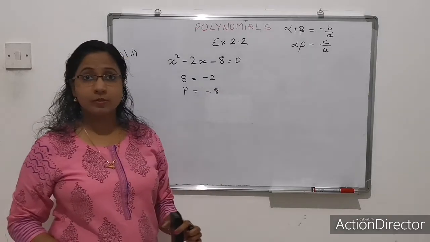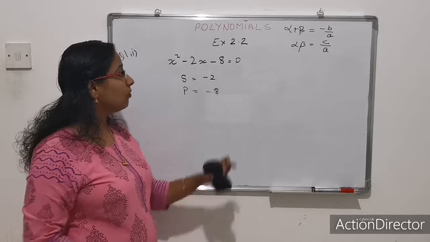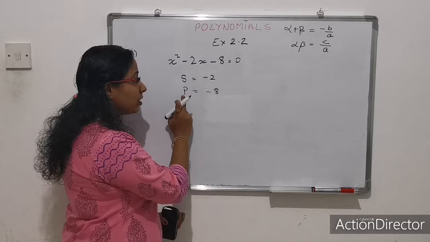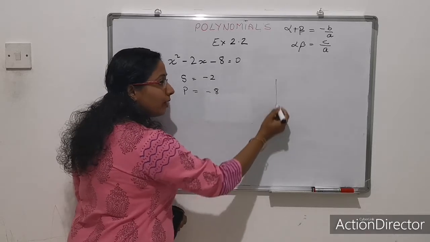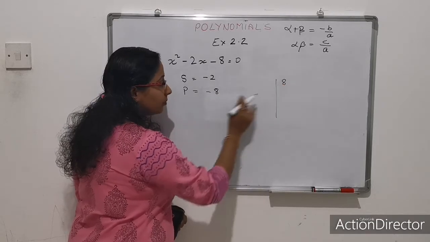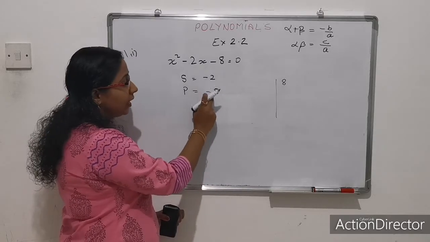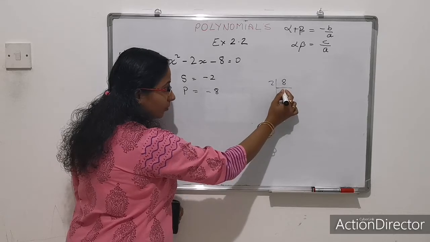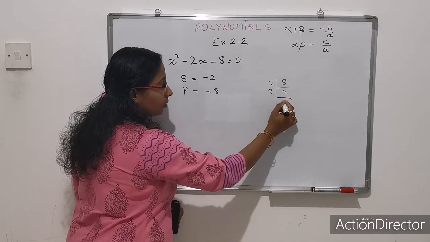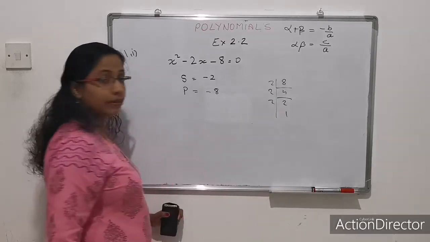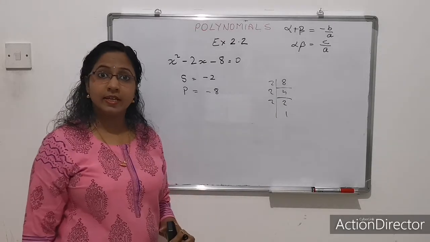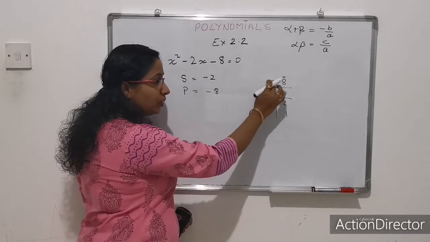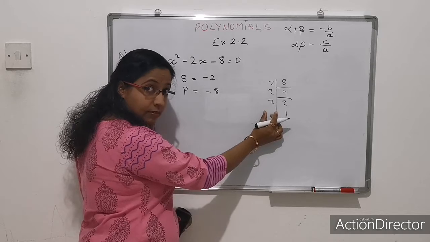Now how to do middle term splitting? For that, first you have to find the p. Okay, and then whatever the number is there, you have to find the factors of this number. Okay, let the sign be here. 2 into 2 into 2 is 8. Now with what combination of these terms, you have to check only these terms.